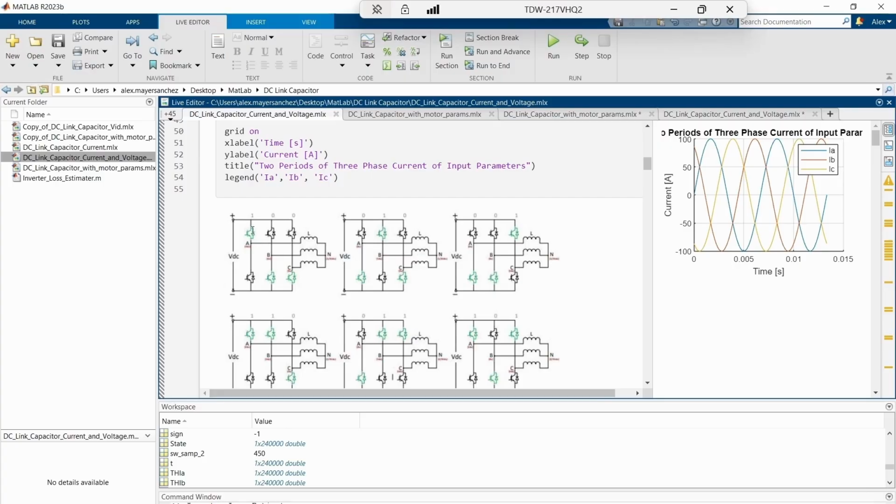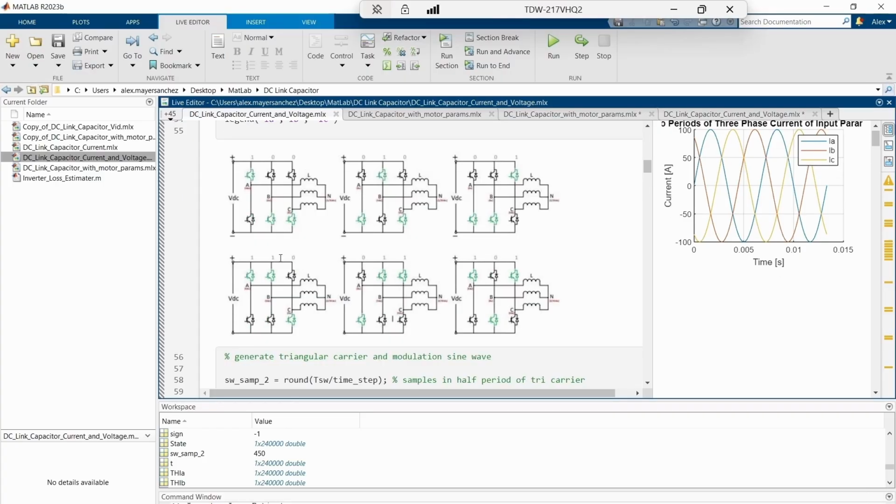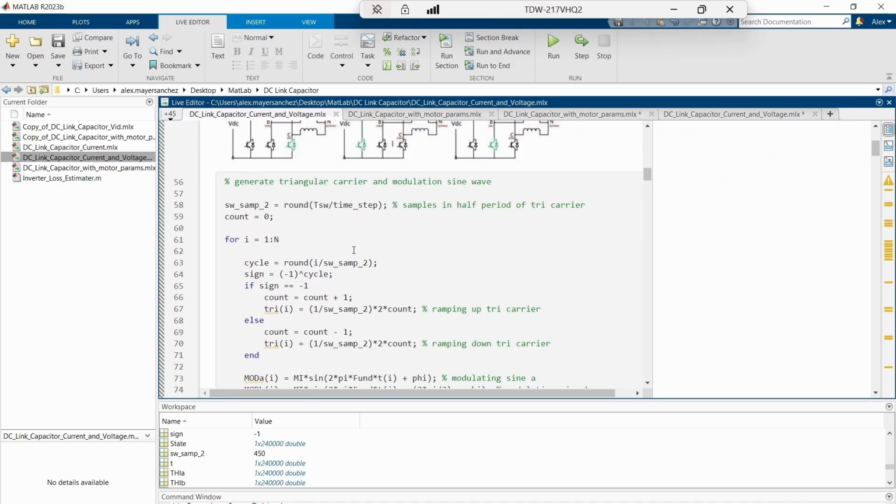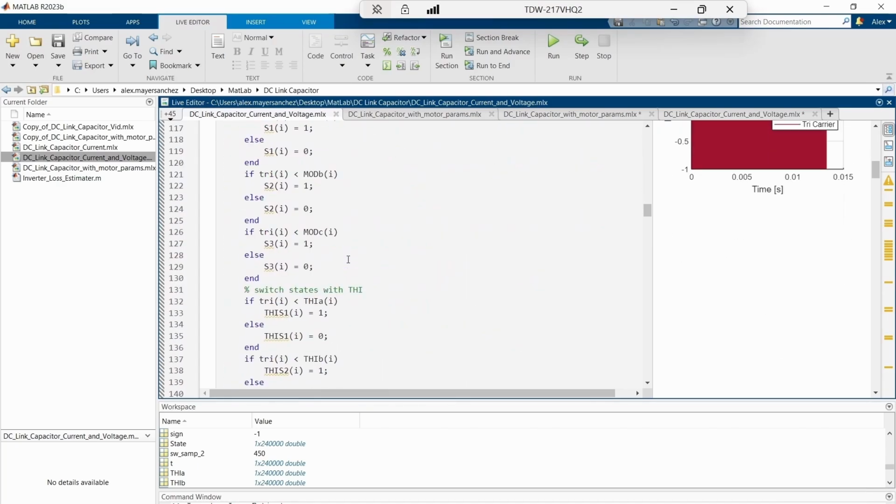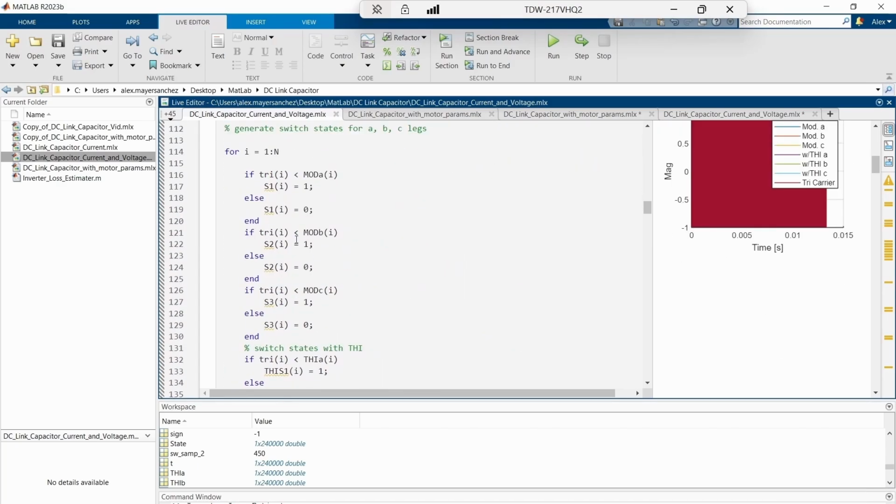So whenever this switch is on, this switch is off. You can see in this case, whenever a high side switch for one phase is on, the low side switch for the same phase is always off. And then we apply the same relationship for the triangle wave compared to the modulation for each phase.